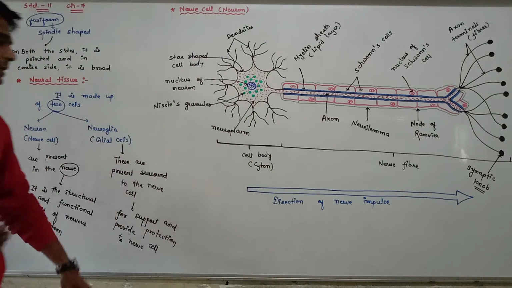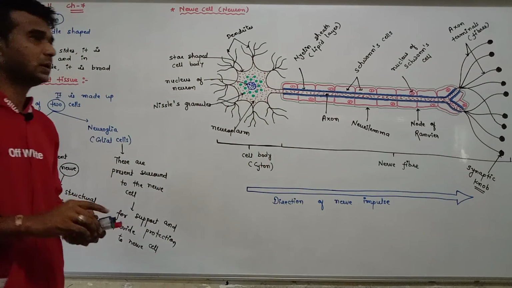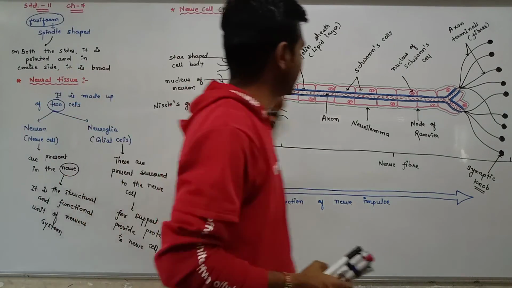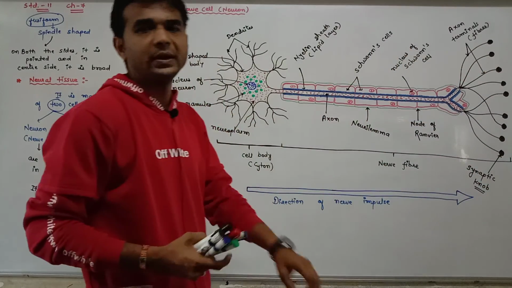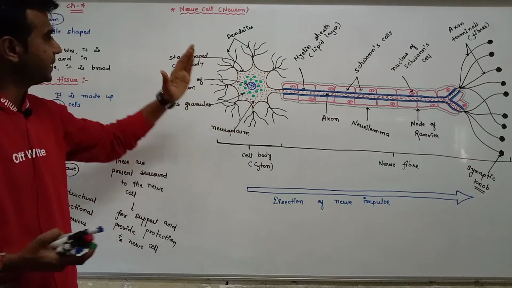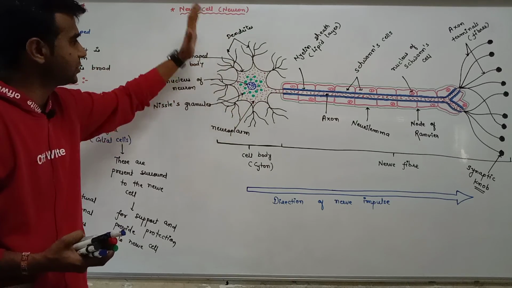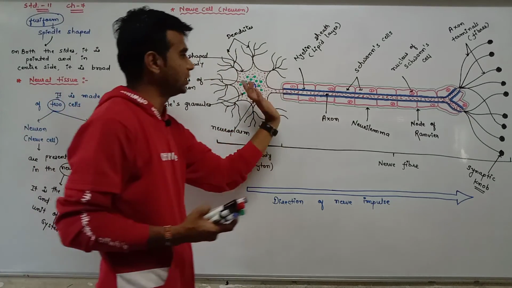So remember that the nerve impulse is always directed in this way. Fine. So always we obtain the sensation from the dendrites and give it to the axon.